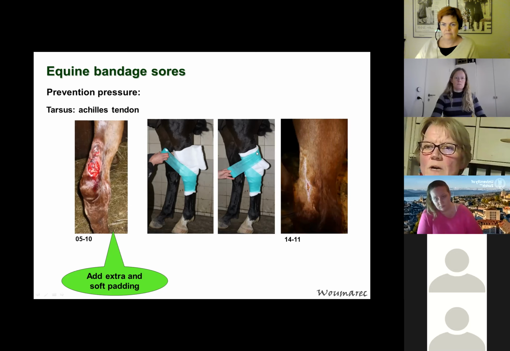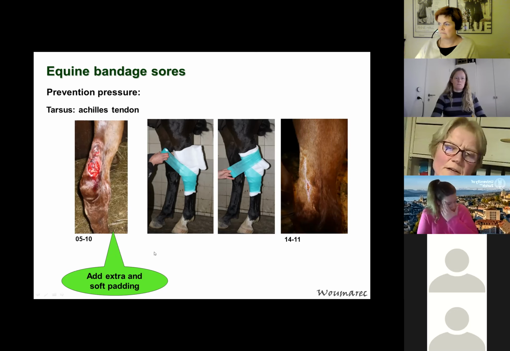And in this way, a quite severe pressure sore, like you see here, can heal in 5 weeks' time. You will see that if you relieve the pressure, it will heal properly, it will heal quickly, and you can see that only a small scar is left. So the problems can be rather easily solved by relieving the pressure.